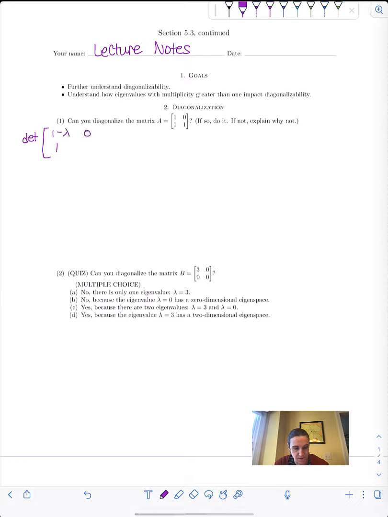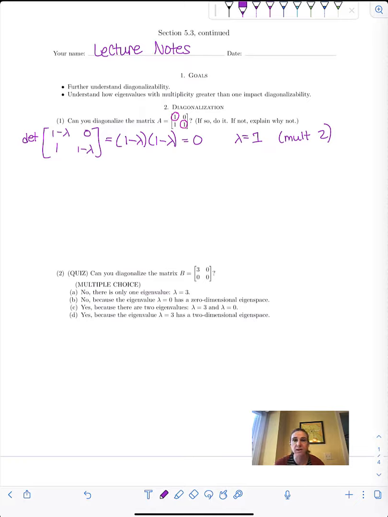And we do that by subtracting lambda from the main diagonal, which gives us a determinant of (1 minus lambda) squared. And when we set that equal to 0, we see that we have one eigenvalue that has multiplicity 2. We can actually see that since this is a lower triangular matrix, we could see those two eigenvalues on our main diagonal.